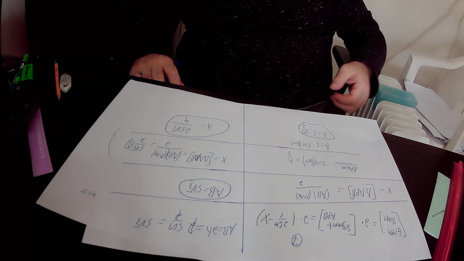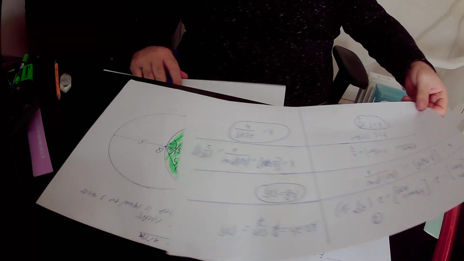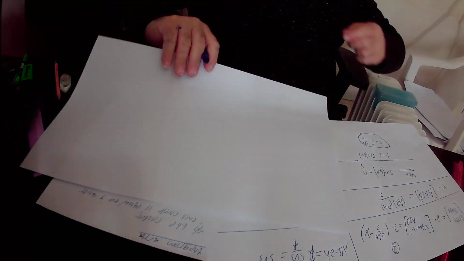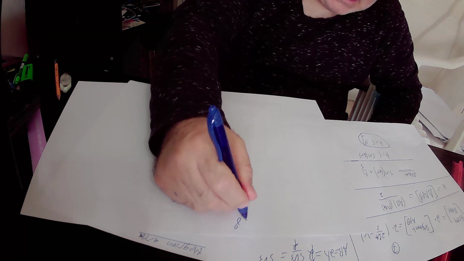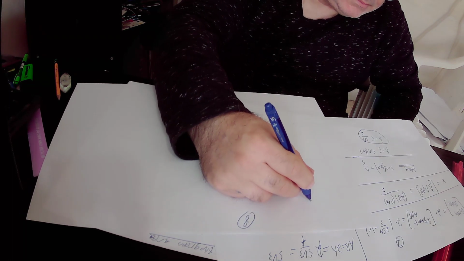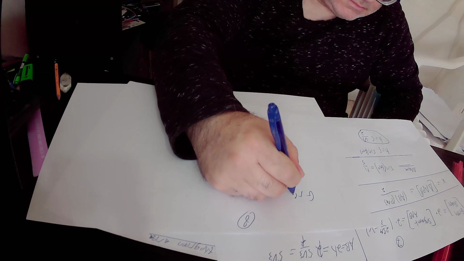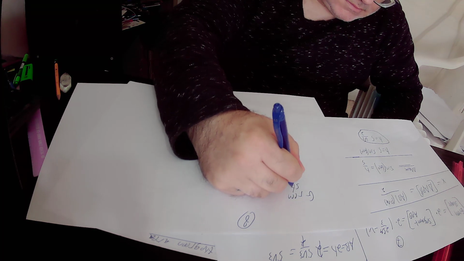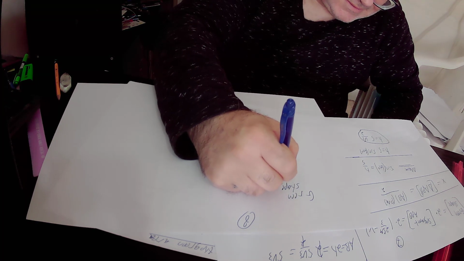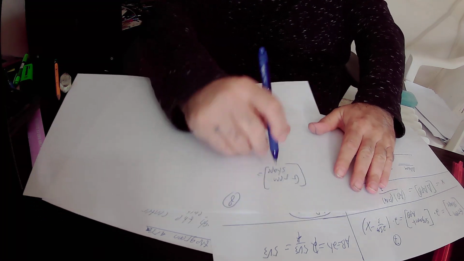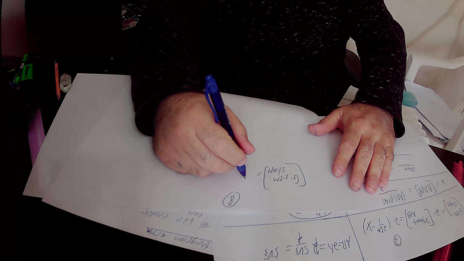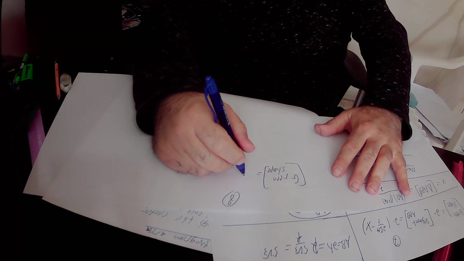Now we can find the area of the green shape. Because the area of the green shape is equal to 2 times the area of segment APB.